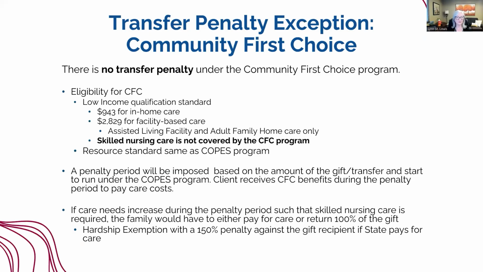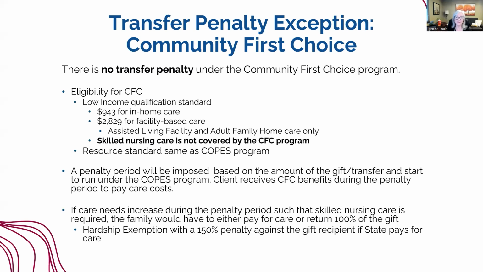This community first choice program that we talked about a little bit earlier, there's no transfer penalty. It has income rules and resource rules where, if you're a single person, you can only have $2,000. Okay, let's say you have more than that. You can give away all of those assets and there's no penalty.